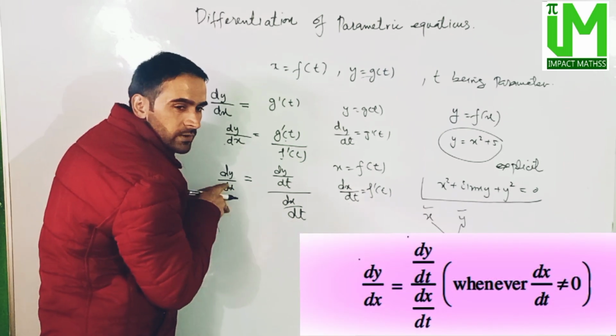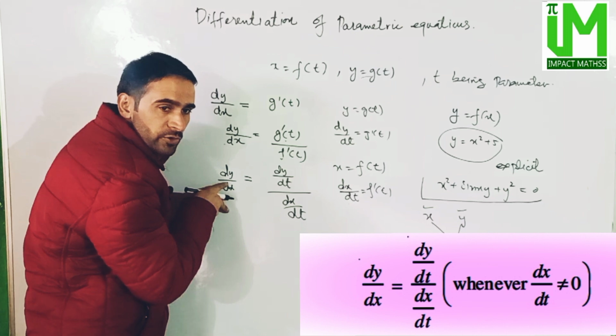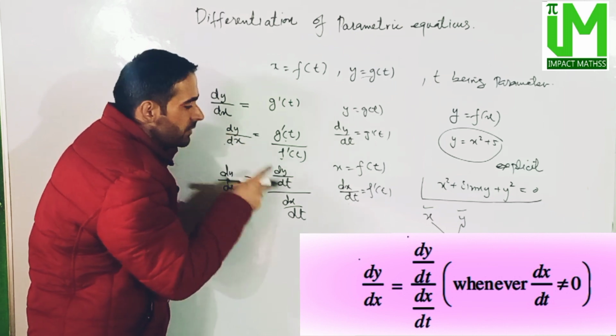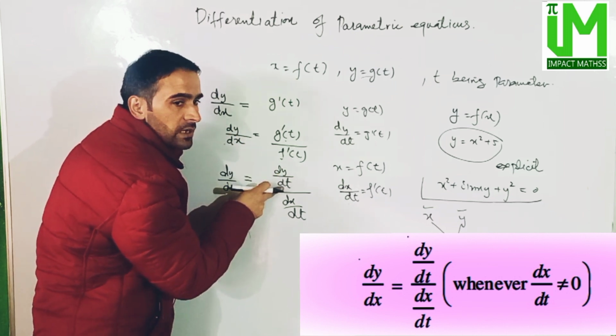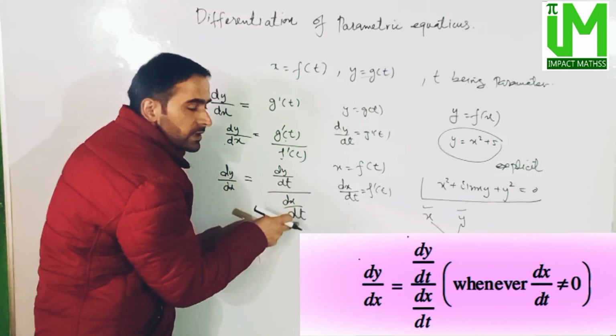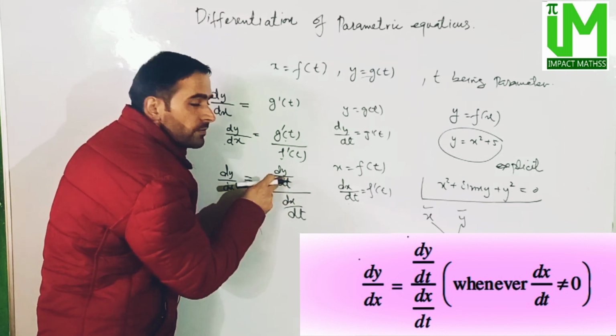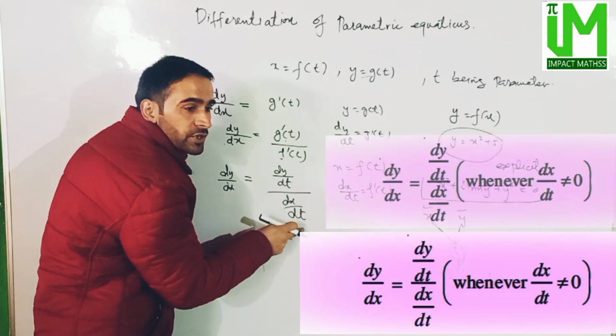So this is the derivative of y with respect to t and the derivative of x with respect to t, where y is a function of t and x is a function of t.